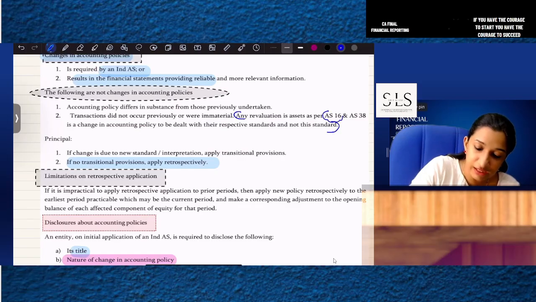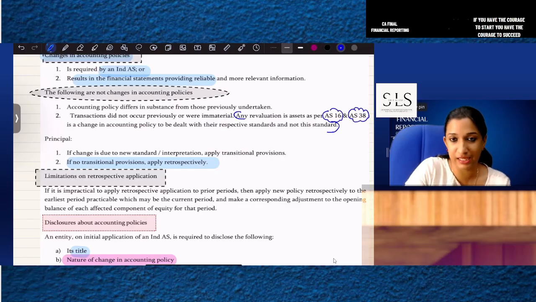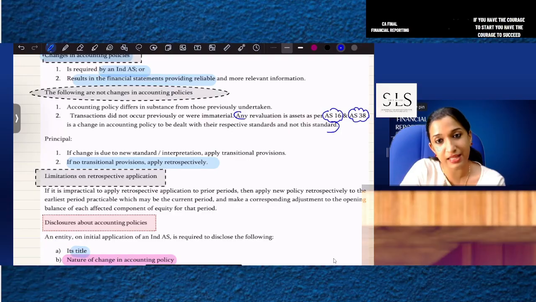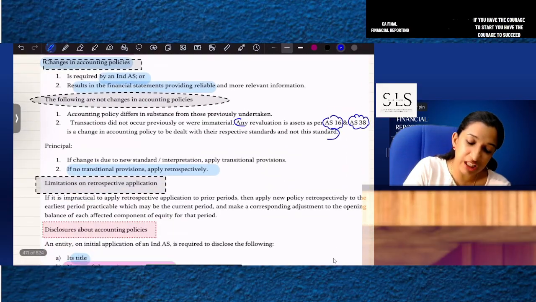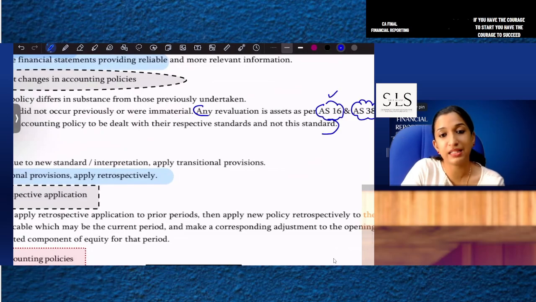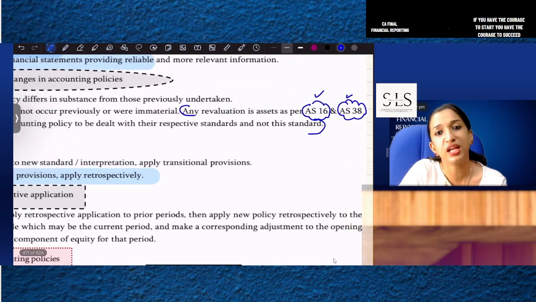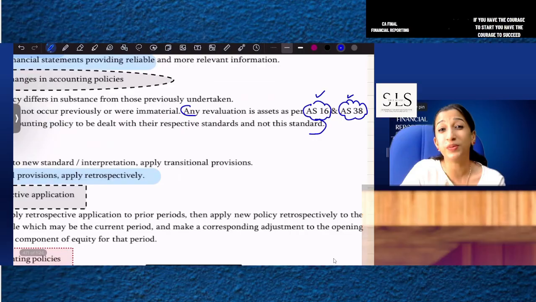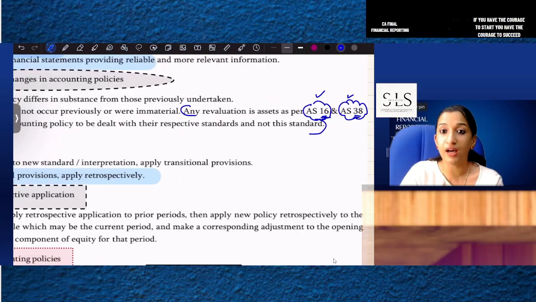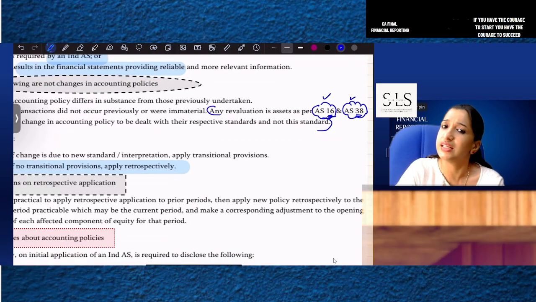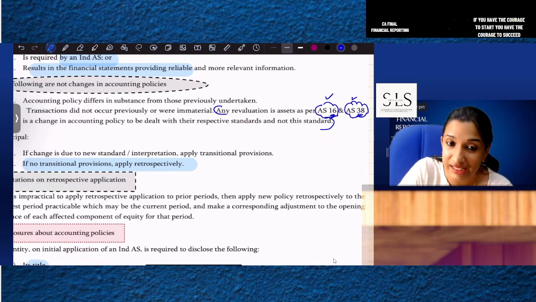As per Ind AS 16 and Ind AS 38, we have already said subsequent revaluations as per Ind AS 16, Ind AS 38 are a change in accounting policies, but it is to be accounted as per the respective standard. If PPE is revalued or an intangible asset is revalued, the accounting is to be done as per Ind AS 16 and Ind AS 38 respectively. It has nothing to do with Ind AS 8.